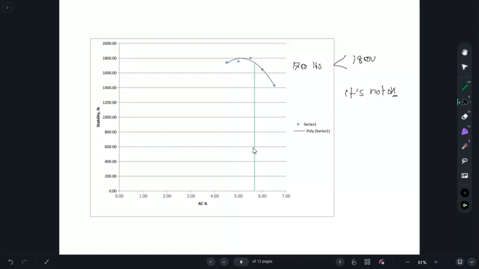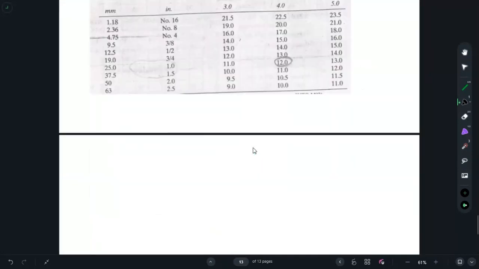So the design is not okay for the criteria stability.